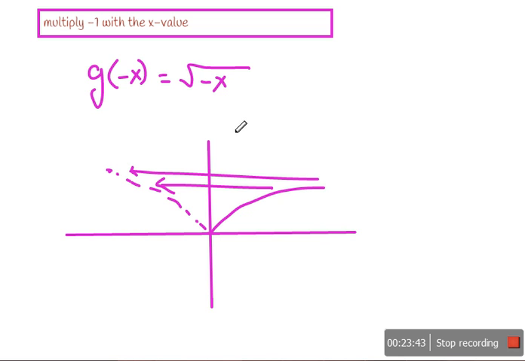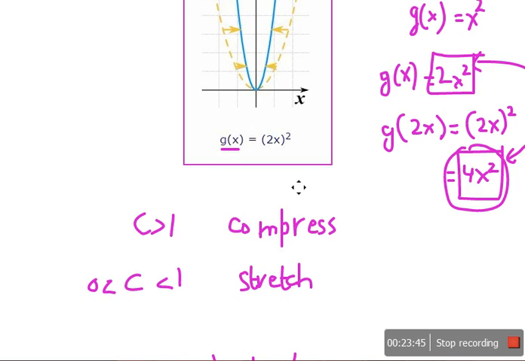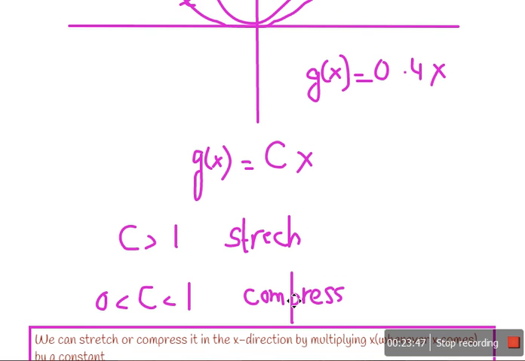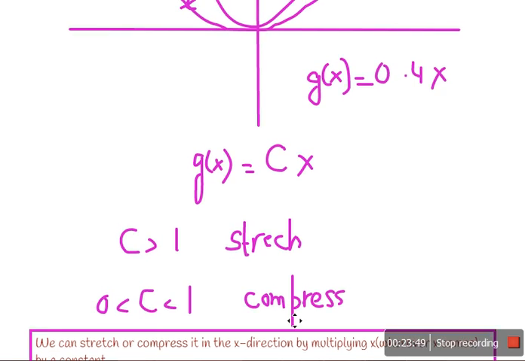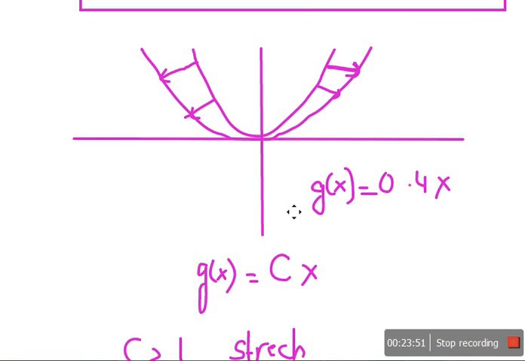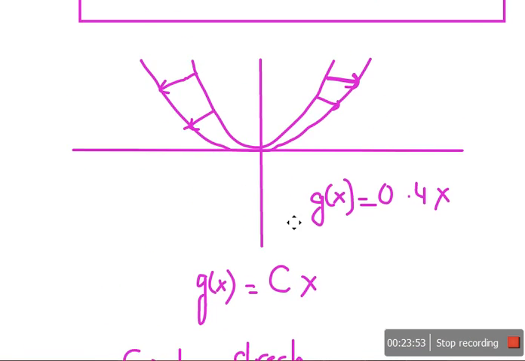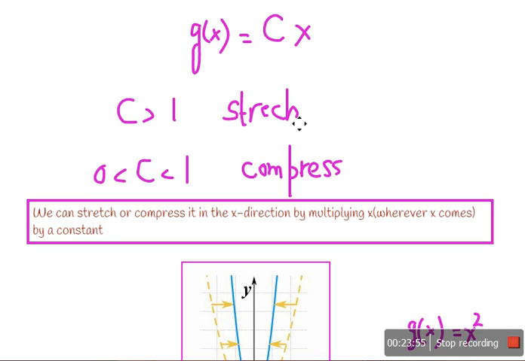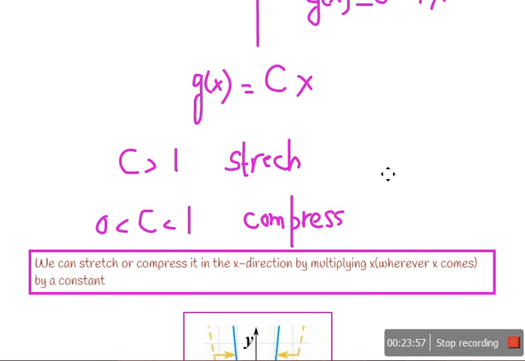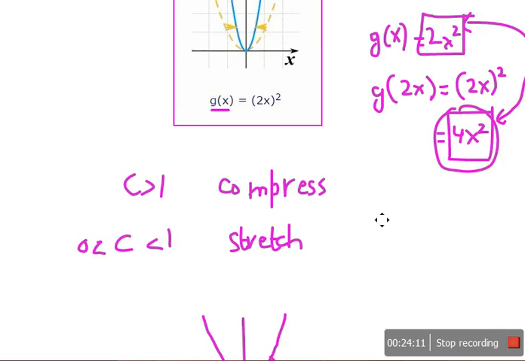In case of compression, as you already learned, if you are multiplying with x, you have to multiply a number which is greater than 0 and less than 1. Then the compression would occur. If you're doing it with the y value, then you have to take a number greater than 1. Then compression would occur.